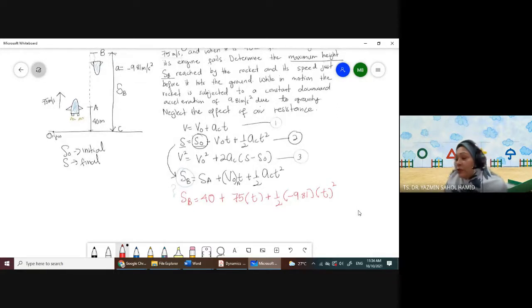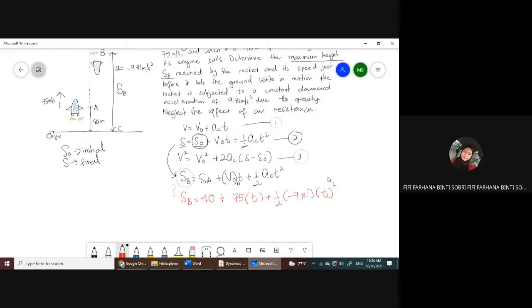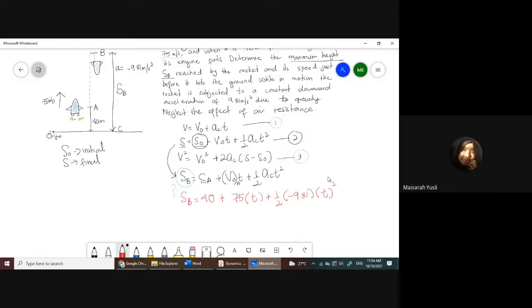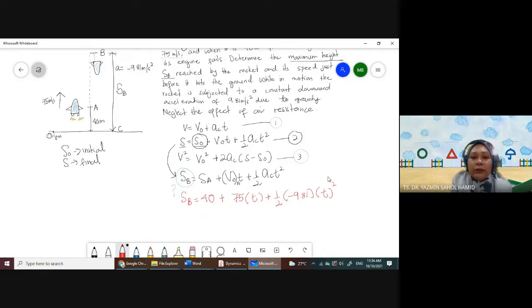You have two unknowns here, right? So it's not suitable to use equation number 2. Do you think we should try equation number 3, maybe we can reduce the number of unknowns? Okay, let's try equation number 3.